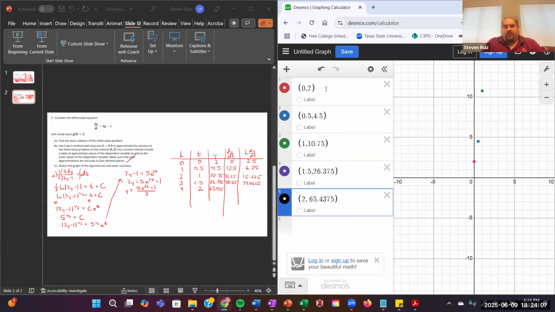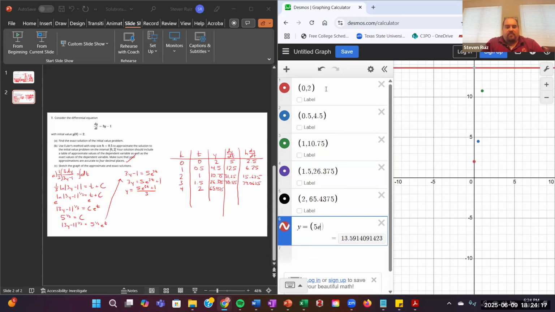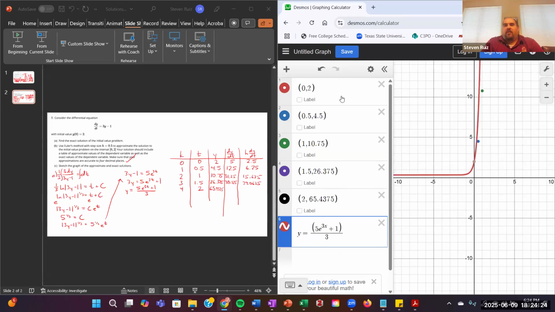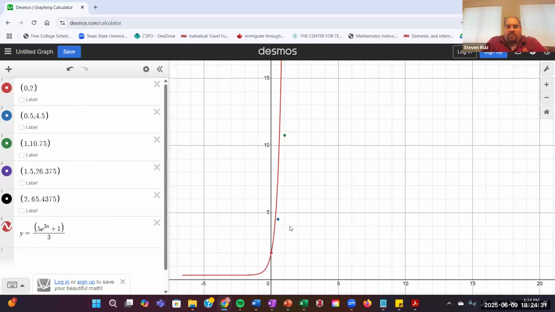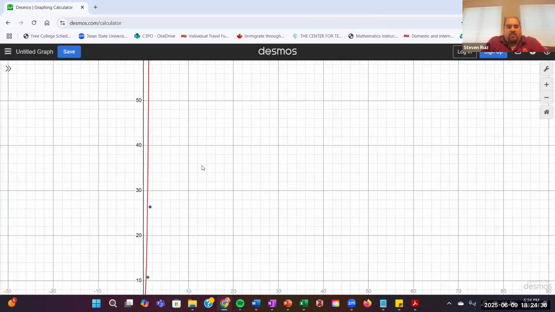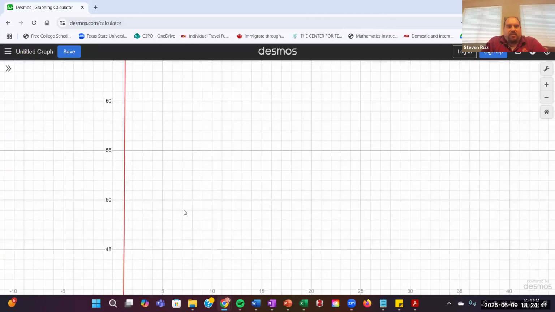So those points, and then on top of that, I will also graph y equals (5e^(3x) + 1) all over 3. All right, and if I did everything correctly, then these should be somewhat close to each other. I'll probably have to zoom out to make sure. So I believe that my Euler's method approximation was reasonably good.